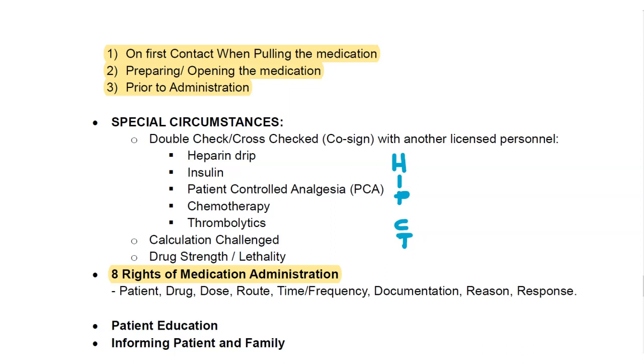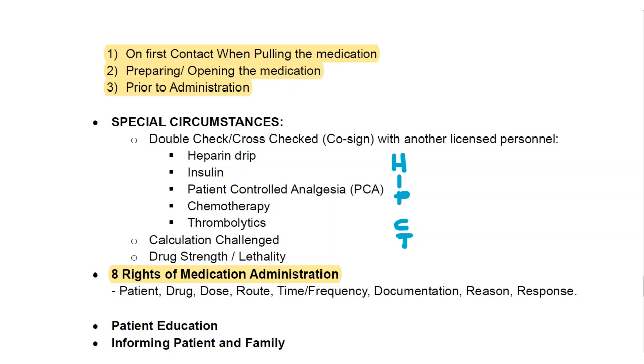Now, after pulling the medication, as you're preparing and opening it, you check it again. You check everything, make sure it's the right drug. Is it expired? Is it the right dose, right? And then when you're in the patient room, right before you give that medication, you check again, so prior to administration. Those are your 3 checks. Please memorize those because you will see them often.